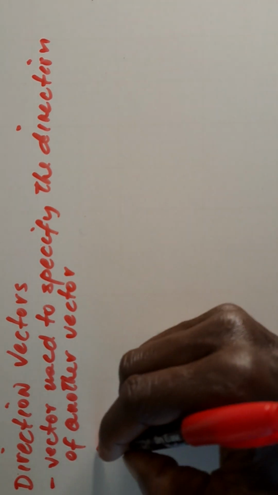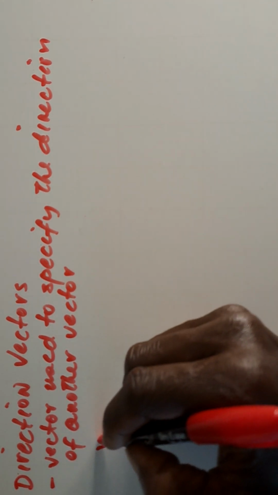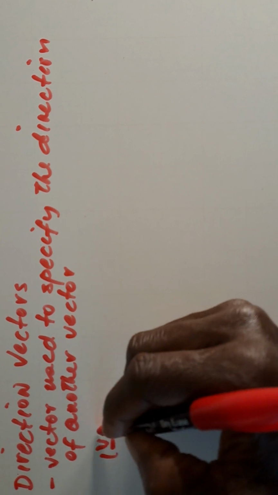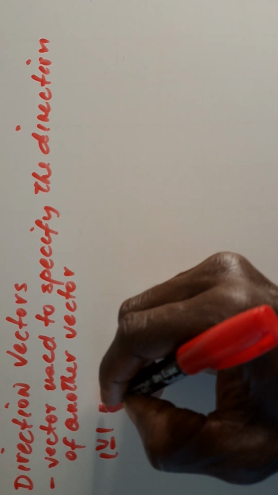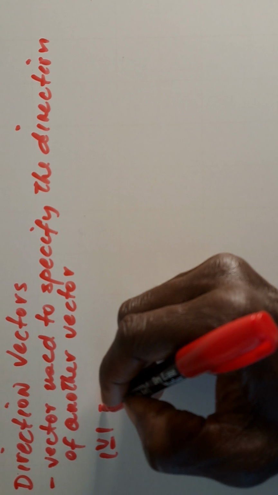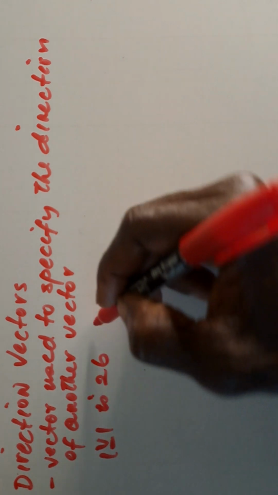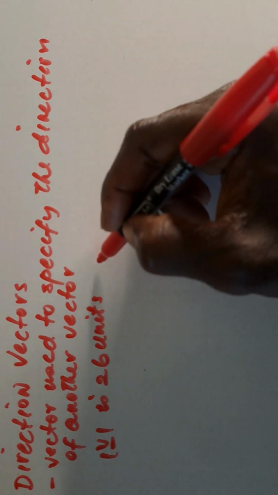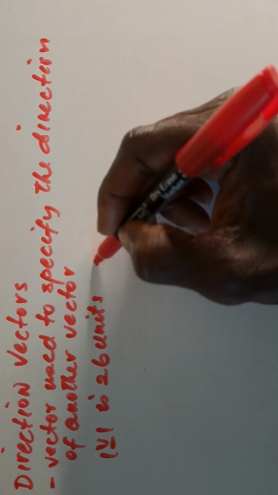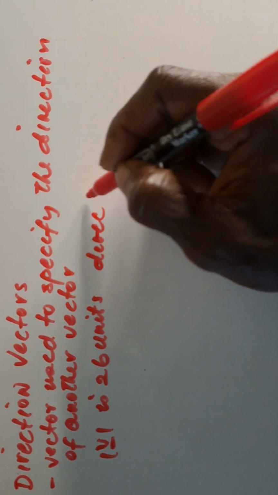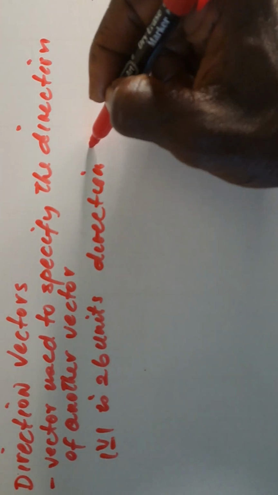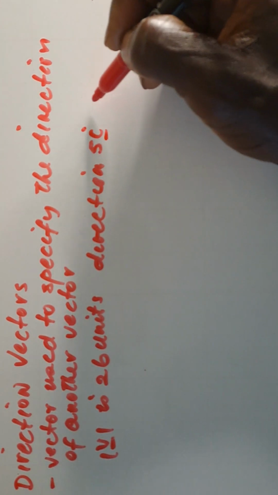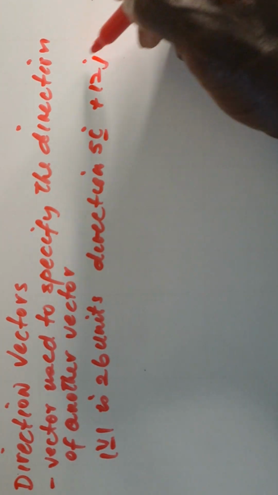For example, if we have a vector v whose magnitude is 26 units, and it's in the direction of the vector 5i + 12j.